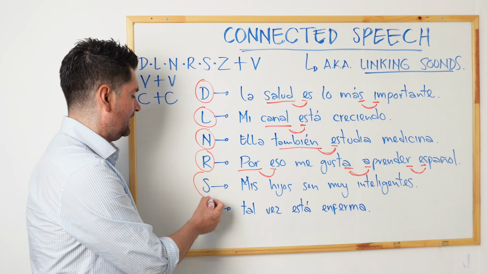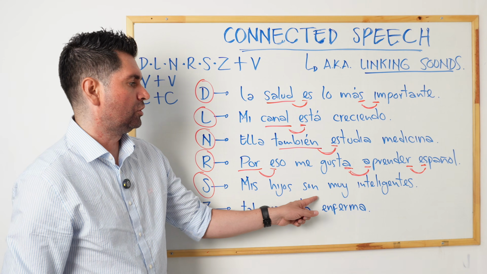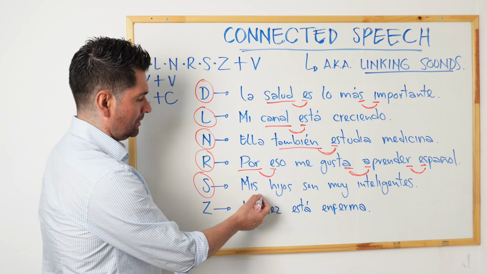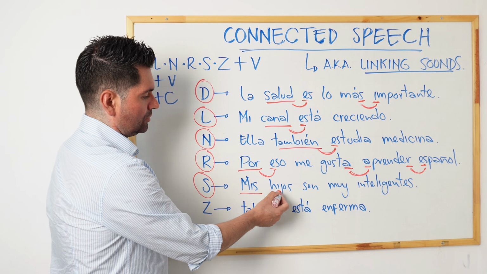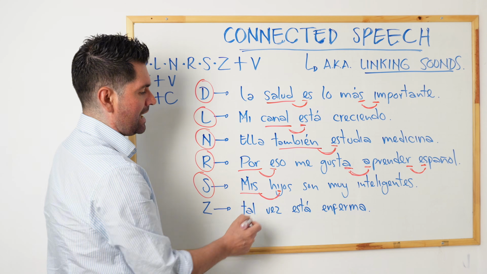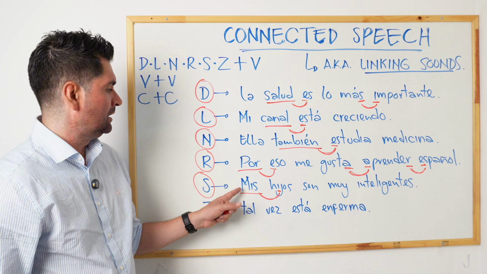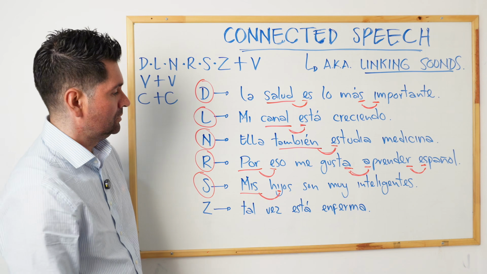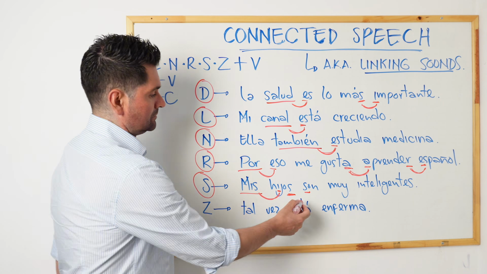The next one, ese. Mis hijos son muy inteligentes. Here, mis, the S, the H is silent, so the S is going to connect to the I. Remember that the H in Spanish is always silent. So, mis hijos. Here, we have two consonants, the same consonant.